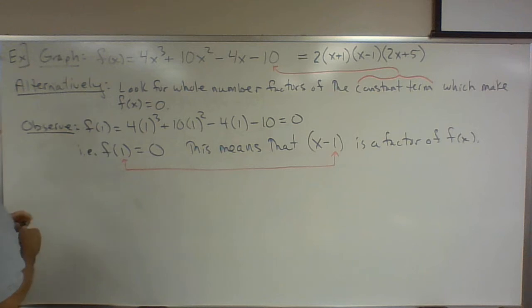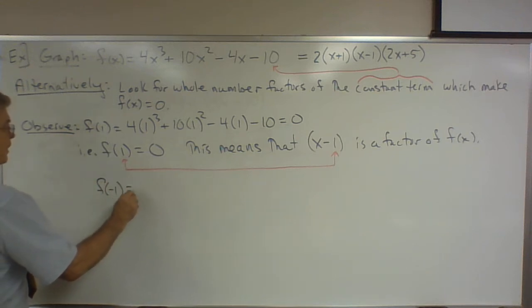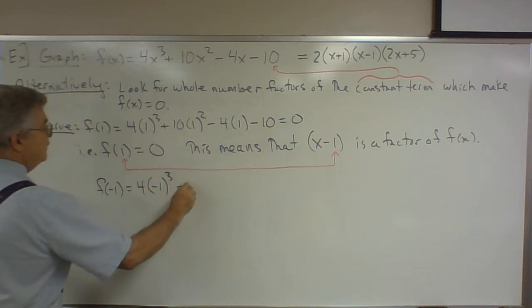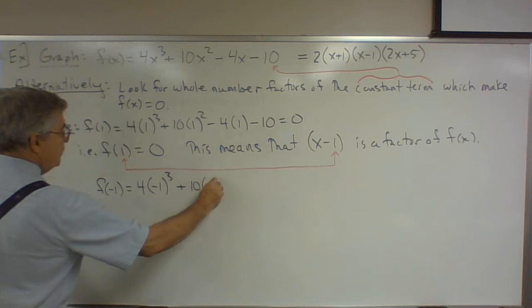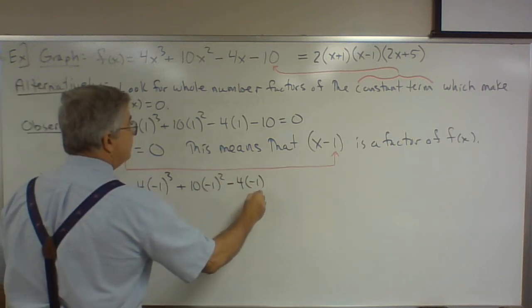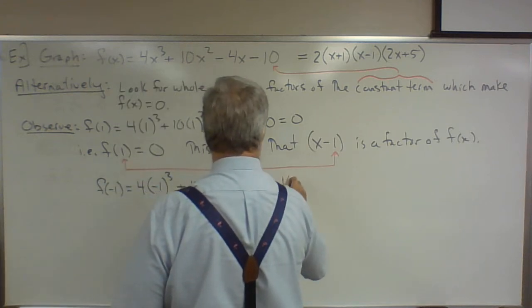F evaluated at -1 is 4 times -1 cubed plus 10 times -1 squared minus 4 times -1 minus 10.